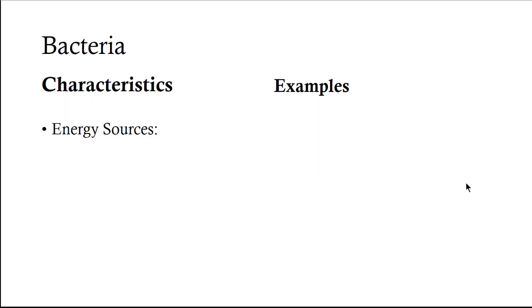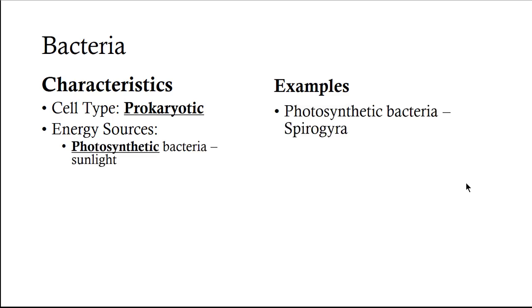So bacteria, one of the things that you want to recognize is that these are organisms that are classified as prokaryotic. So prokaryotic is an organism that has a cell, but is considered more of a simplistic kind of cell. So it's not an advanced cell. And from there, then, we see that when we have a simple cell, we can get energy in a couple different ways.